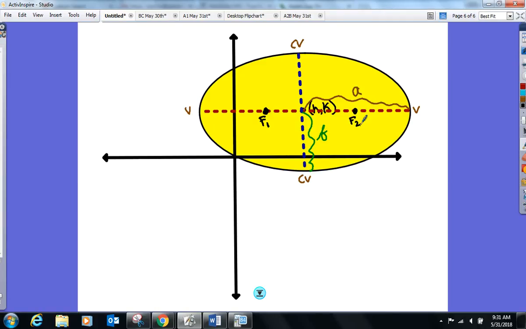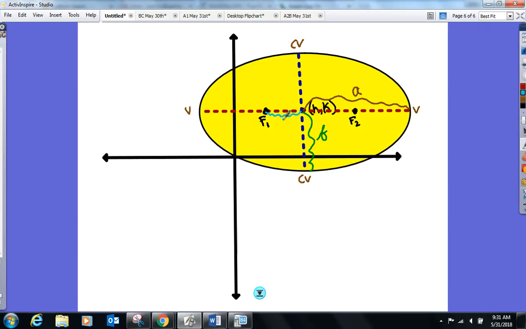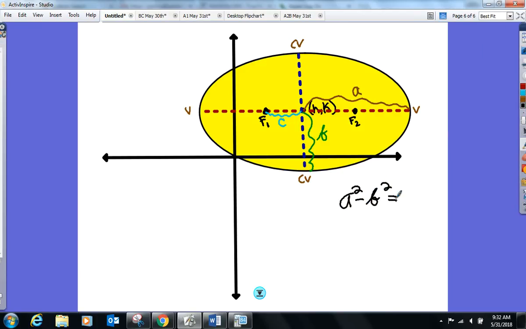We have a letter for it. C. Yes, that's the c value, everyone. That is the distance from the center to one of the foci. It's the formula I need for tomorrow that involves a, b, and c: a squared minus b squared equals c squared.